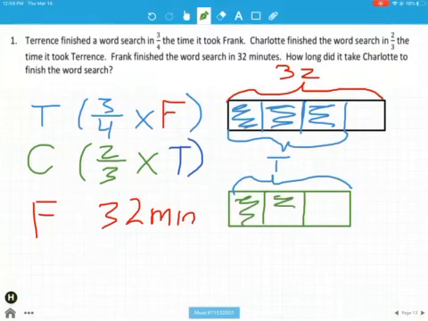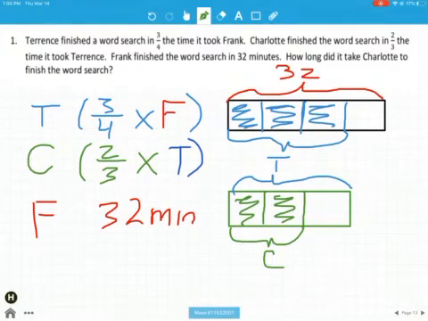And Charlotte is 2/3. So we know it's less than Terrence. Okay, I'm not doing the math for you. I'm setting up the tape diagrams to help you figure it out.